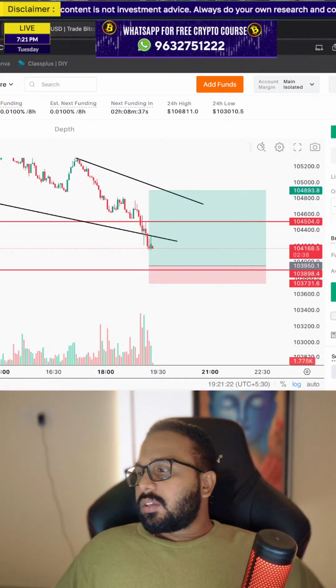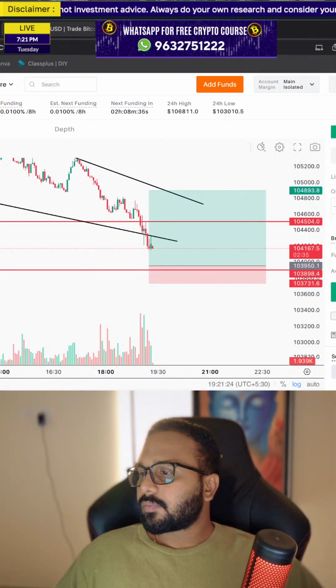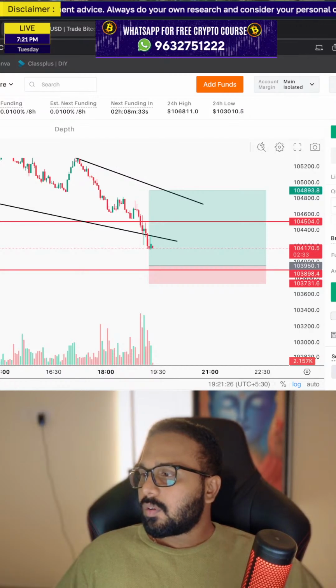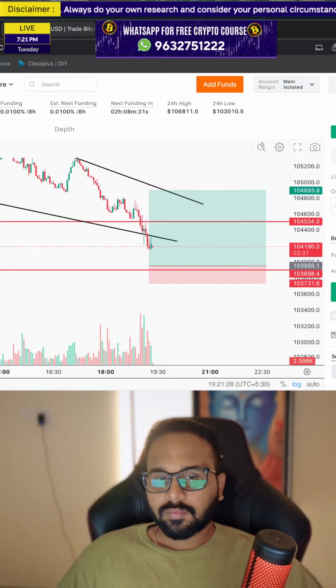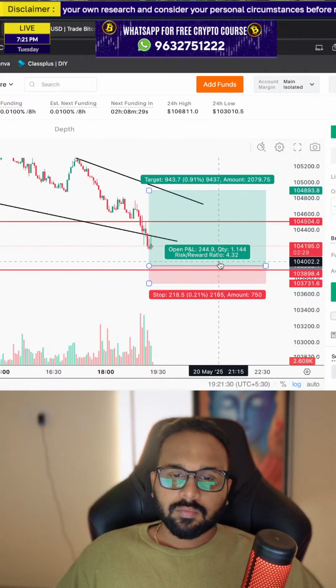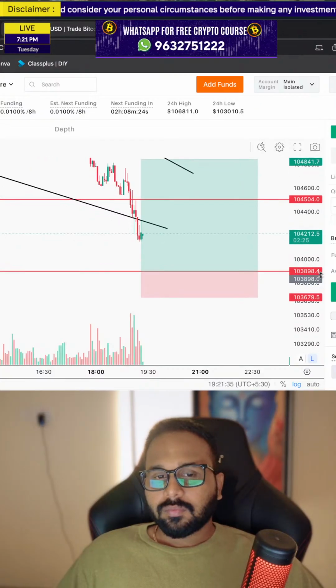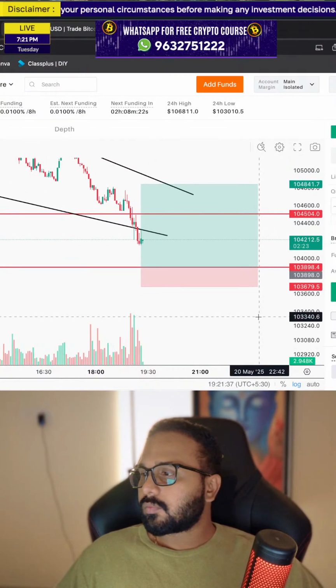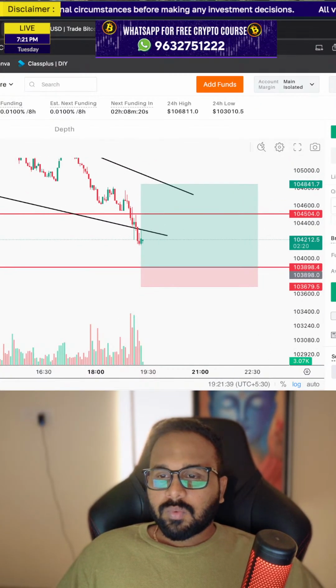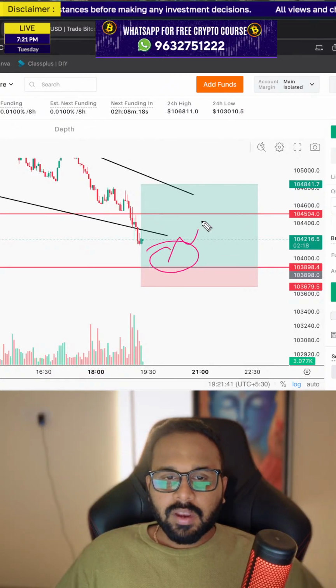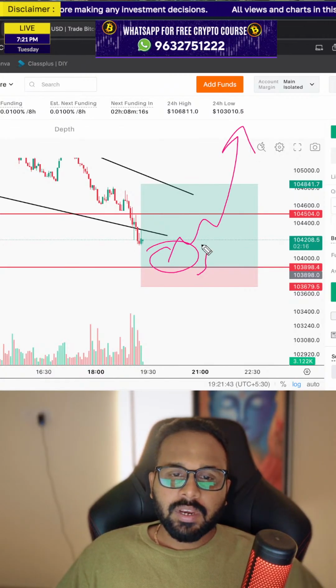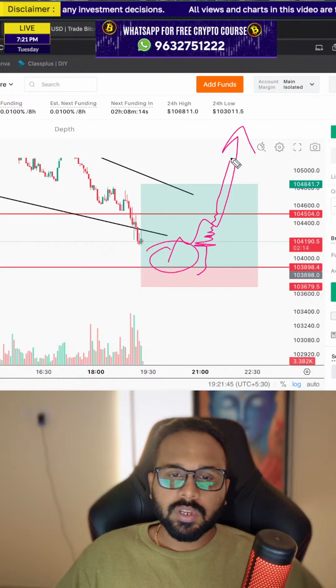Let's wait, traders. Let's wait. If this is the area from where the market is going to trend, it will be very helpful for us to keep trailing the stop loss and going.